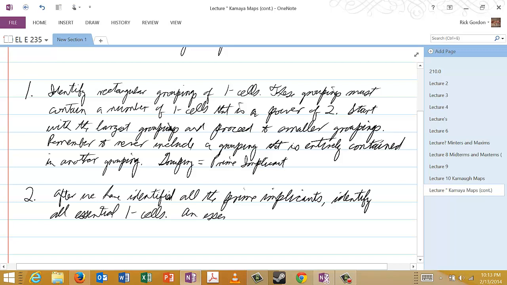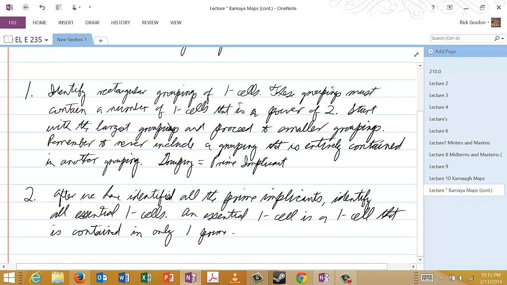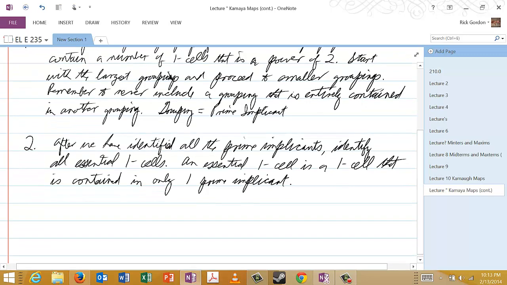An essential one cell is a one cell that is contained in only one prime implicant. So after we identify the prime implicants in step 1, we identify all of the essential one cells in step 2.